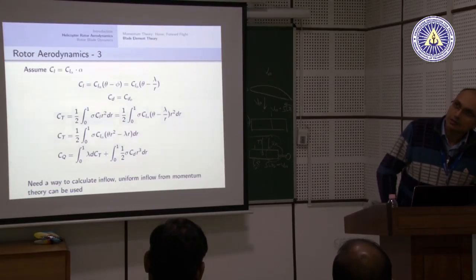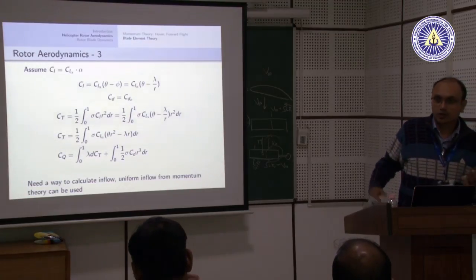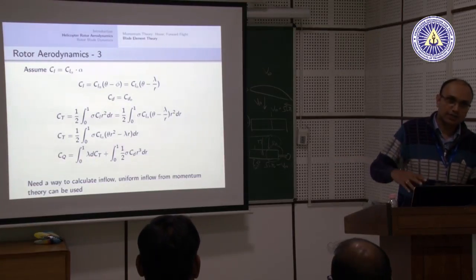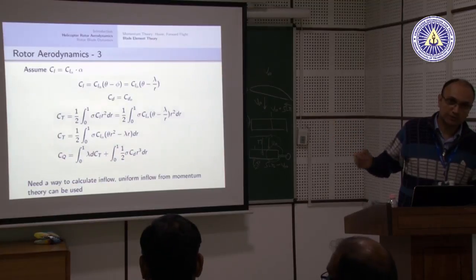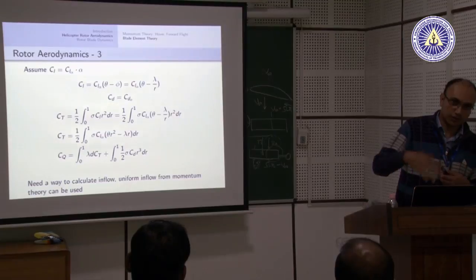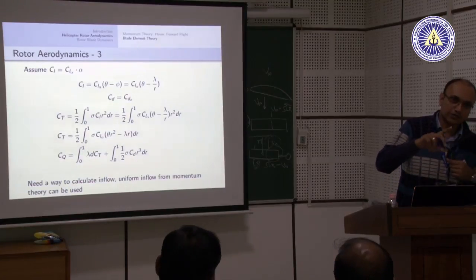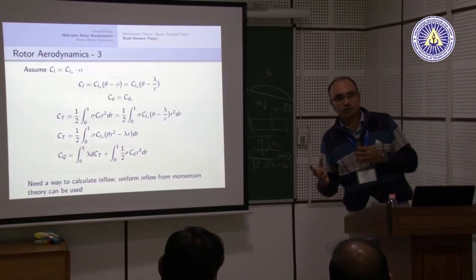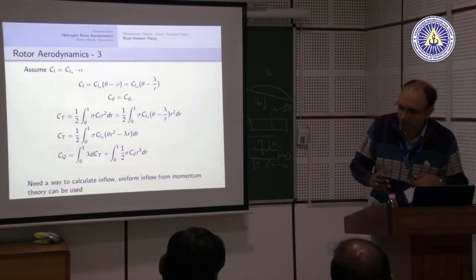To have the same amount of blade area you can go ahead with a larger number of blades, or you can have a larger rotor. Solidity influences something called disk loading, which we mentioned, thrust per unit area, and disk loading directly influences your induced velocity, because Vi is proportional to disk loading.